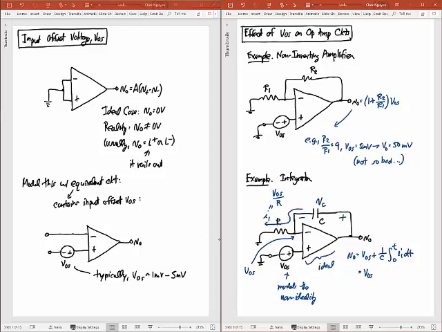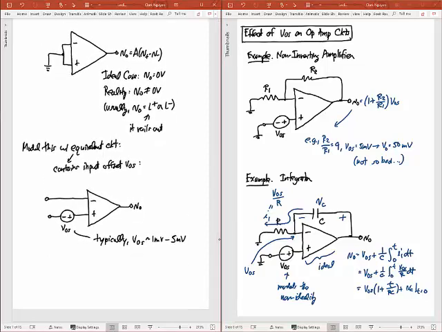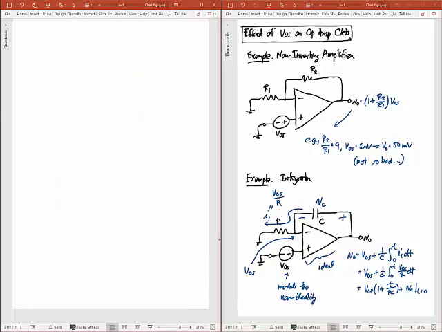If I go ahead and take that integral, I get VOS plus 1 over C, integral from 0 to T of VOS over R dt. And so in the end, that's an easy integral to do. I end up with VOS times 1 plus T over RC, plus maybe some initial value VC at T equals 0. Okay? But if I were to plot the output of this op-amp, it would look like this.